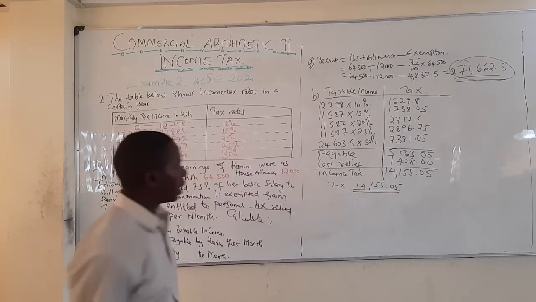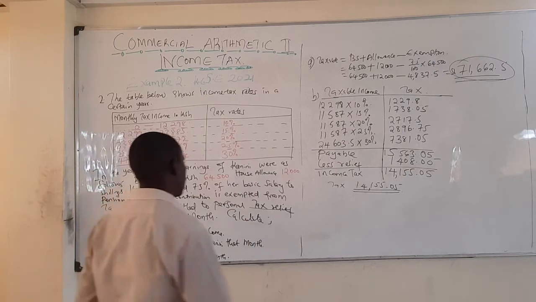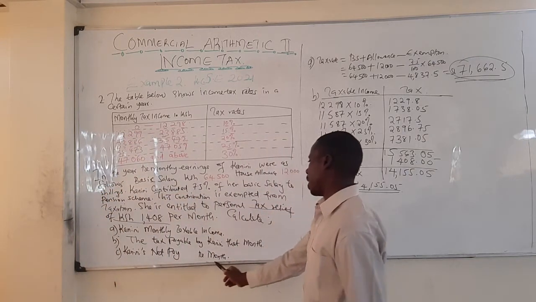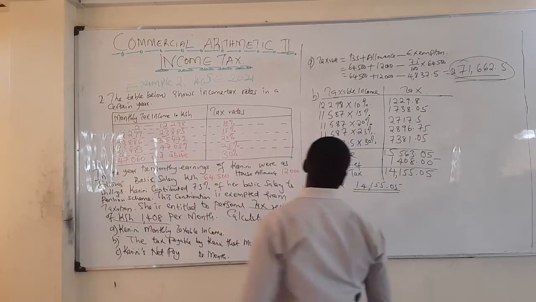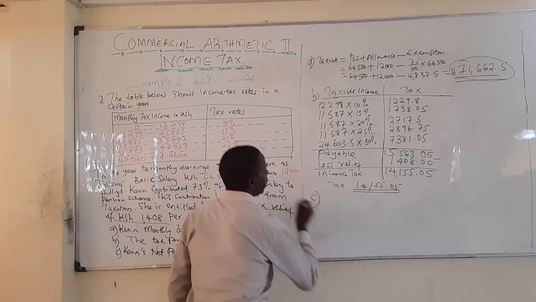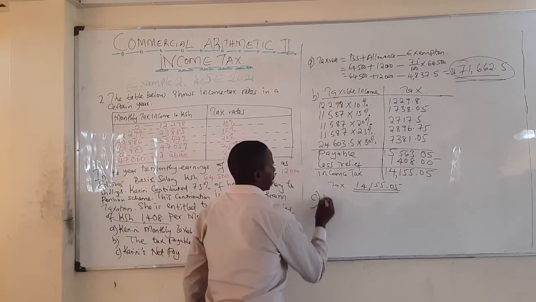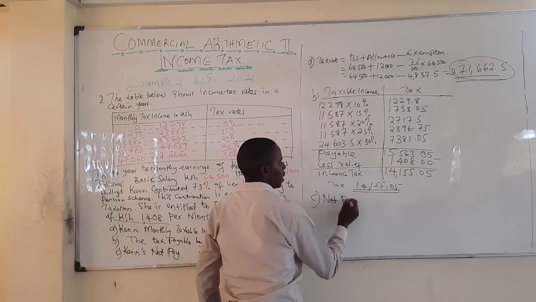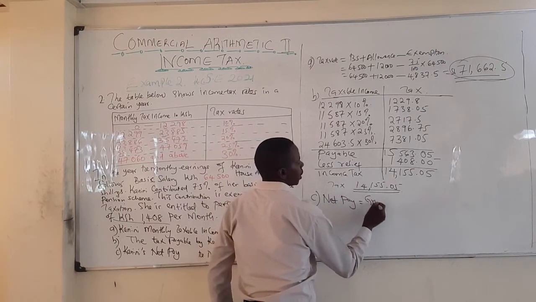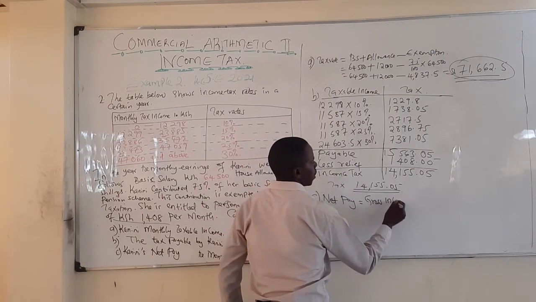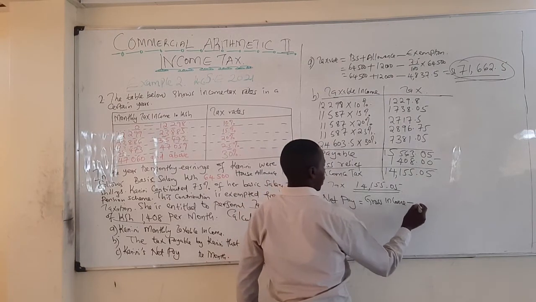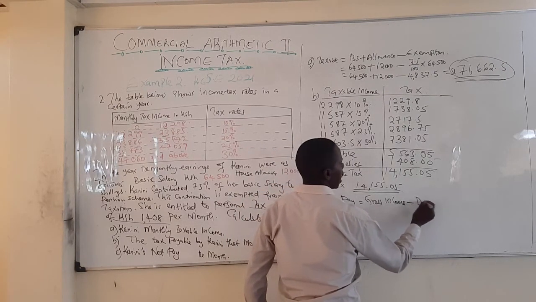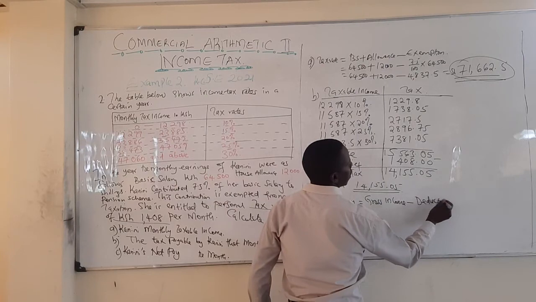So let's look at the last part, that is part C, the net pay. Kanini's net pay in that month. So part C, net pay, we say that net pay is given by the gross income minus the deductions.